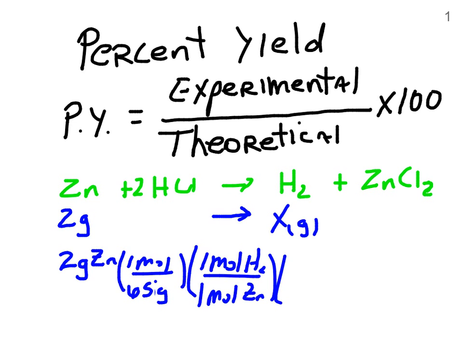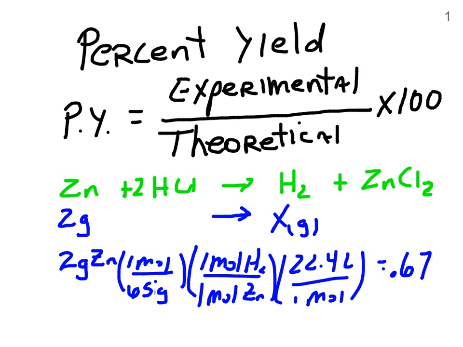Since I'm looking for gas, my final conversion out of moles will be the fact that there's 22.4 liters for every 1 mole. Now this is assuming that it's at standard temperature and pressure, which is something we'll get to a little bit later. So it's 2 divided by 65 times 22.4. The theoretical yield would be 0.67 liters.